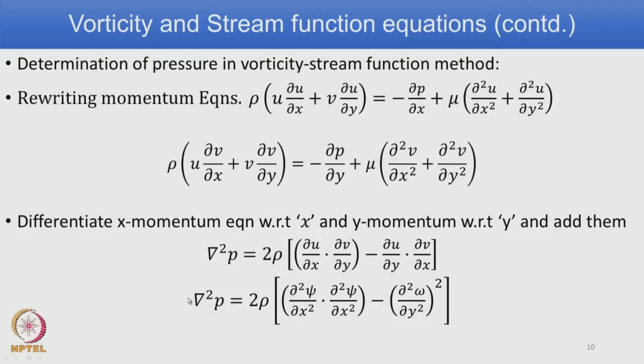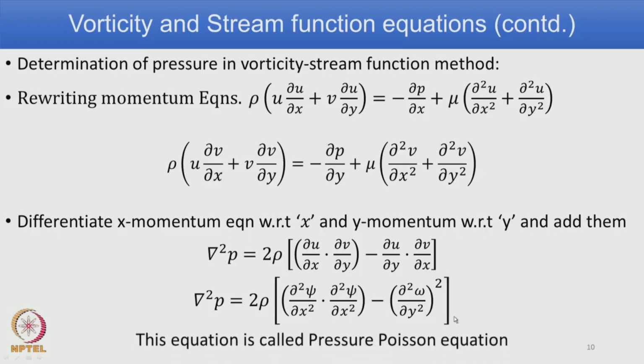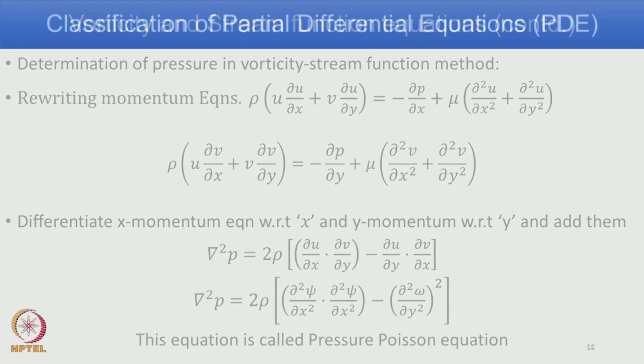Another point to observe, on the left hand side there is del squared p, and then there is a source term on the right hand side. So, this equation is actually the pressure Poisson equation. So, instead of solving 3 momentum equations and 1 continuity equation, it is also possible to approach by solving the vorticity transport equation and get the pressure field and velocity field as well.